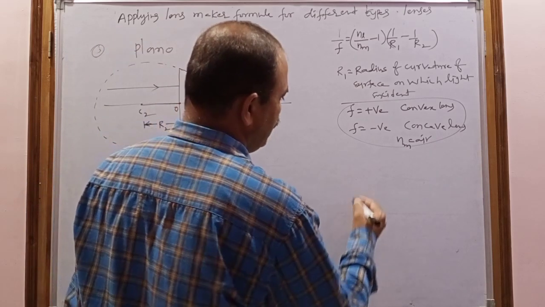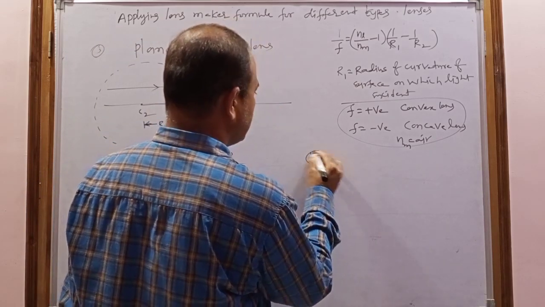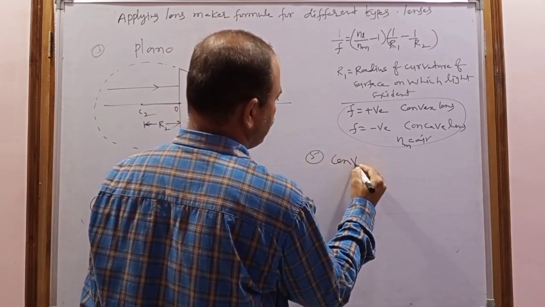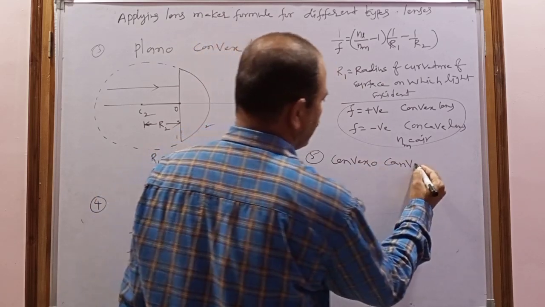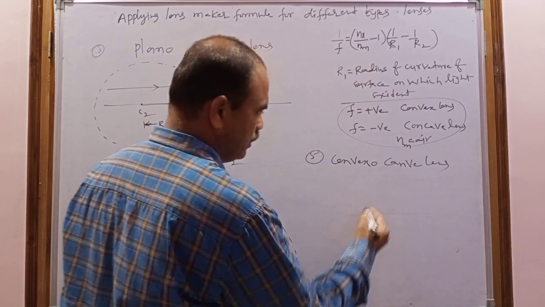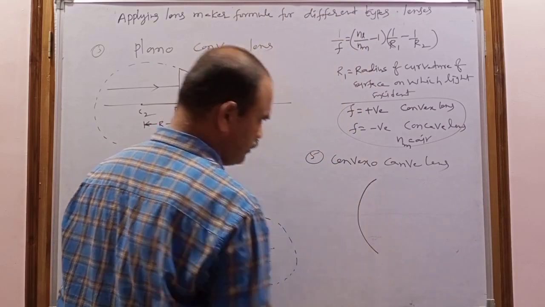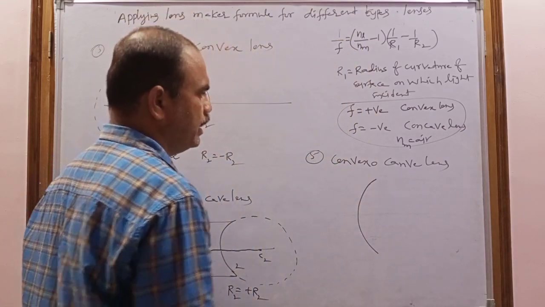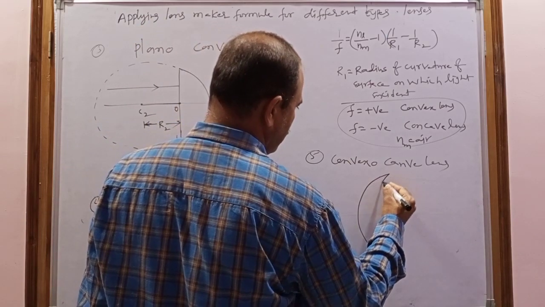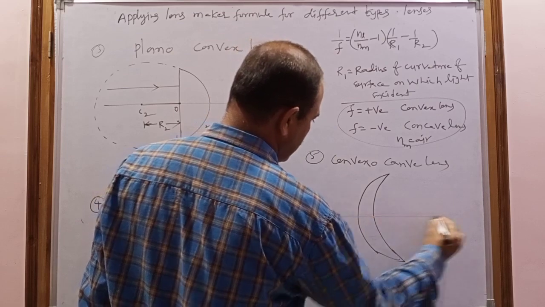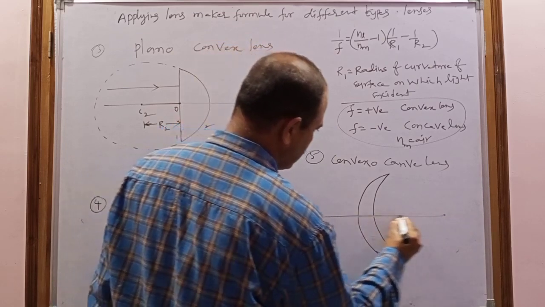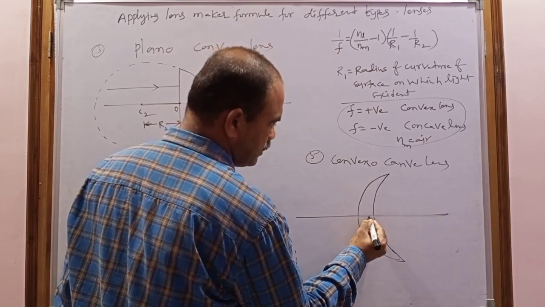Now coming to the convexo-concave lens. So this is the convexo and concave lens. Let us consider this is the principal axis and this is the optic center.